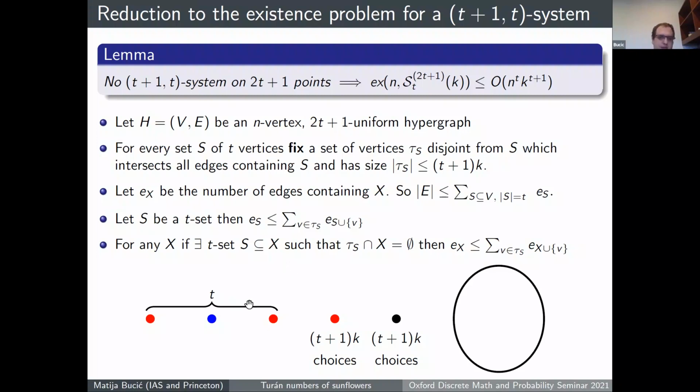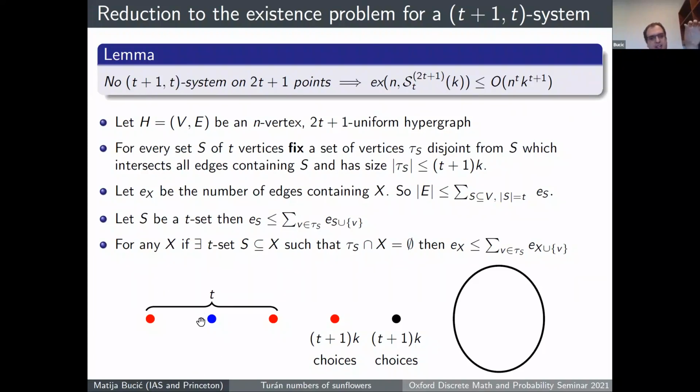And for example, just to illustrate where the other properties come from: what are the sets going to be? The sets that make the (t+1, t) system are going to be all the stuck subsets of this edge. So any X in which our procedure got stuck while trying to count E, our uncounted edge, is going to be a member of our (t+1, t) system.